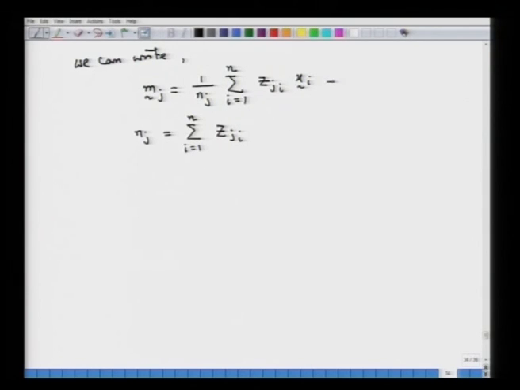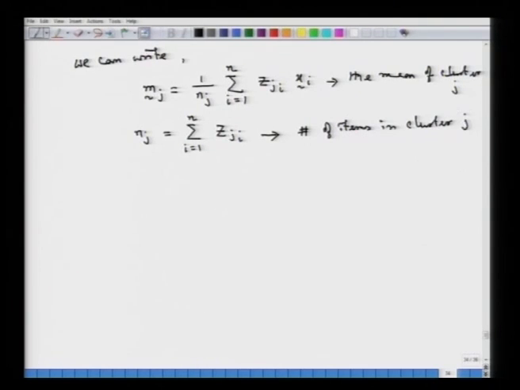Right. So, this is the mean of cluster j, and this is the number of items in cluster j.